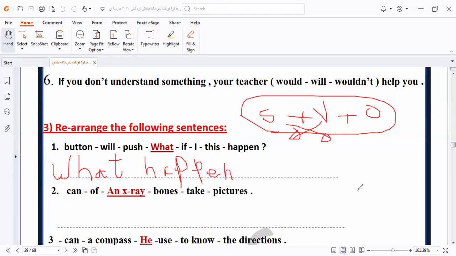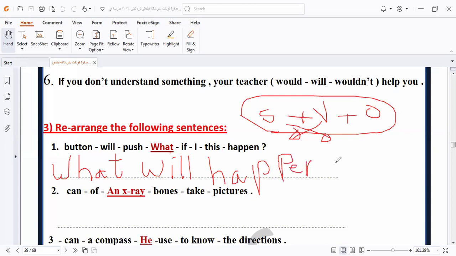What will happen if I push this button? Sorry, a mistake here. The question is: what will happen if I push this button?